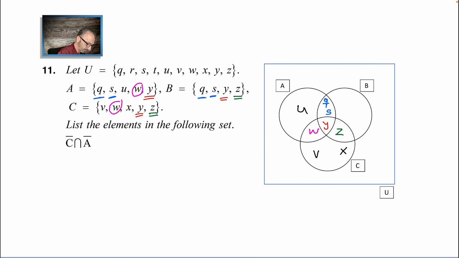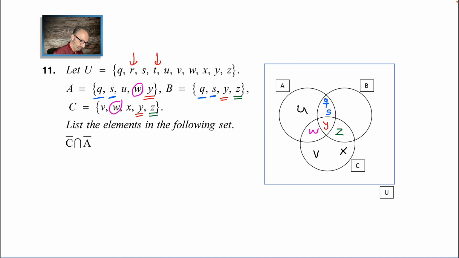This right here, R and T were not used at all. They're not stated in either A or B or C. Anything else was mentioned. Q was mentioned right here. S was mentioned some places. U was maybe right here. V was right here. W mentioned. X mentioned. Y and Z, you could see it different places.